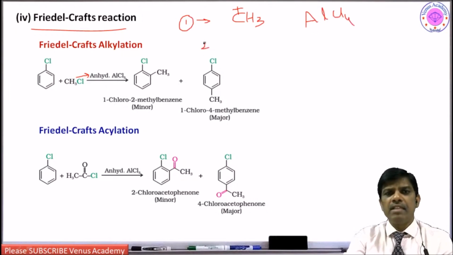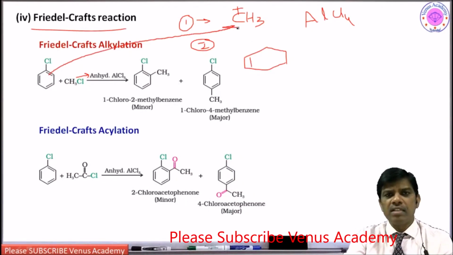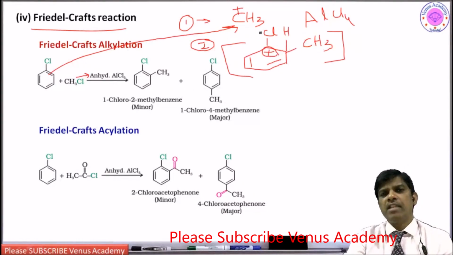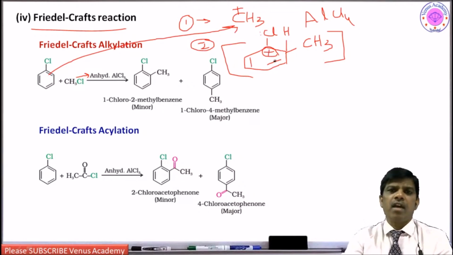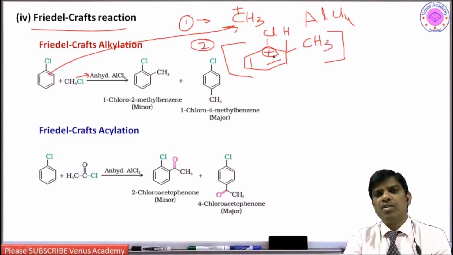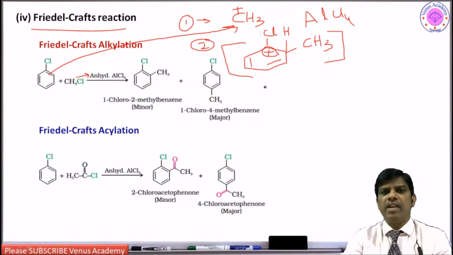The second step is generation of the intermediate. The electrophile attacks and attaches to the ring. The carbocation is stabilized by resonance, so I can put the positive charge on this side or this side, wherever I want. Five carbons are going to share this positive charge. So this is the transition carbocation intermediate. Then what is the third stage? Removal of hydrogen.